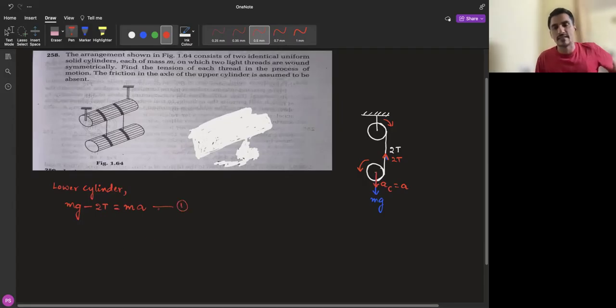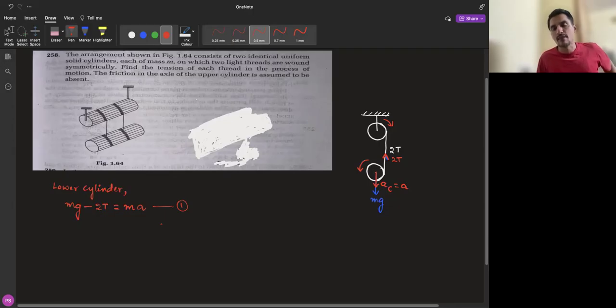Now we need to take another equation. From where do we get these equations? The two cylinders are rotating, right? Now let us take the lower cylinder. Why is it rotating? Because of torque acting on it.